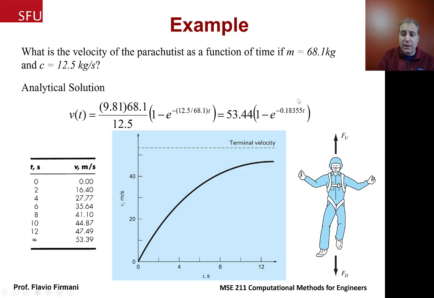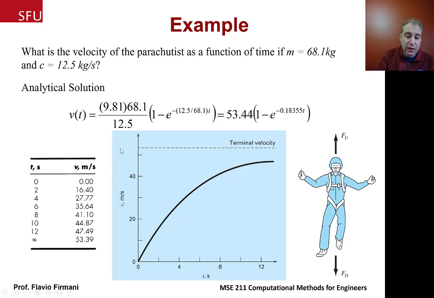So let's assume that the mass of the parachutist is 68 kilograms and the coefficient of drag is 12.5 kilograms per second. So if we substitute those values into our equation, we can determine for different values of t what the velocity is.